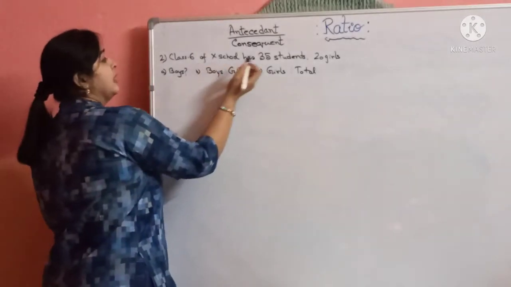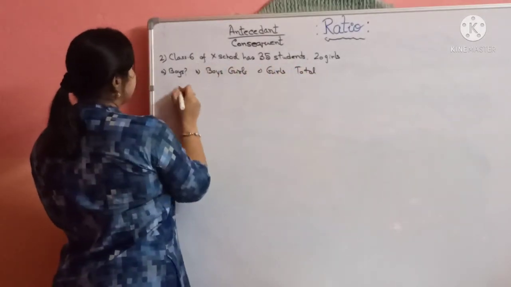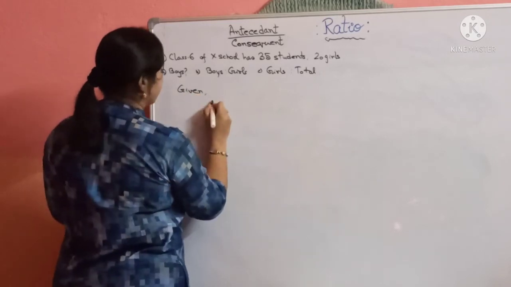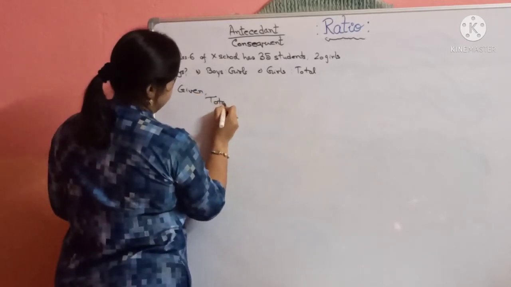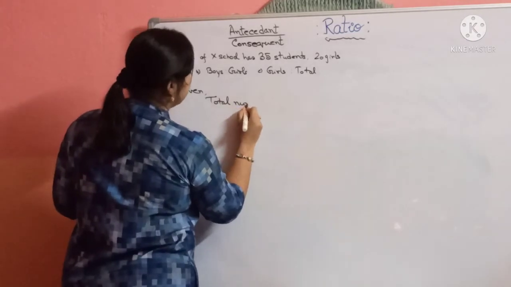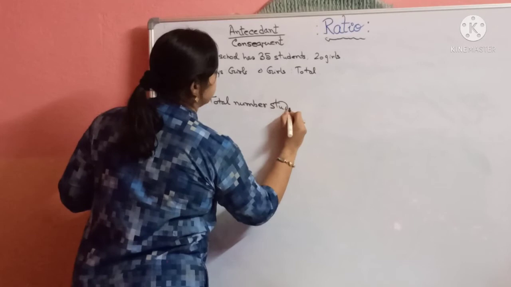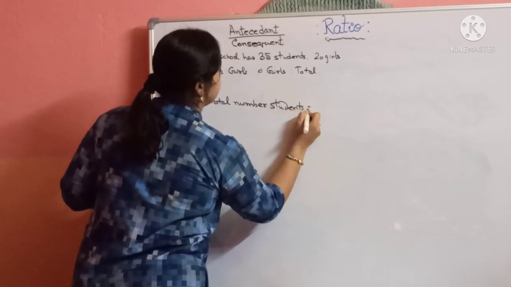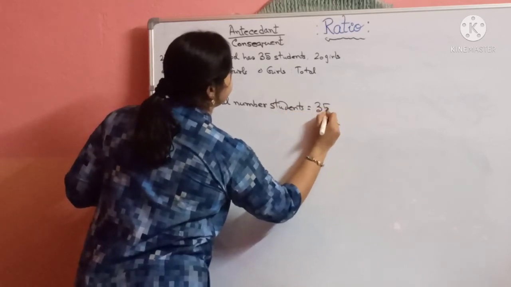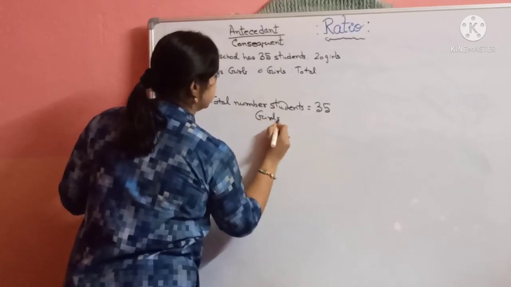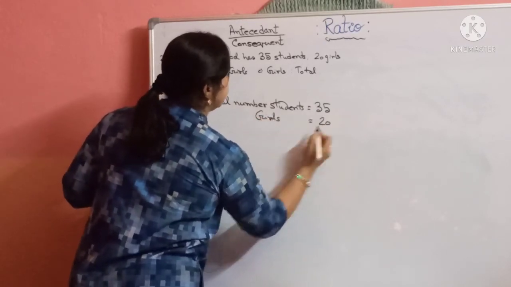You can do it. If there are 20 girls, just write at first what is given: total number of students equals 35, girls 20.